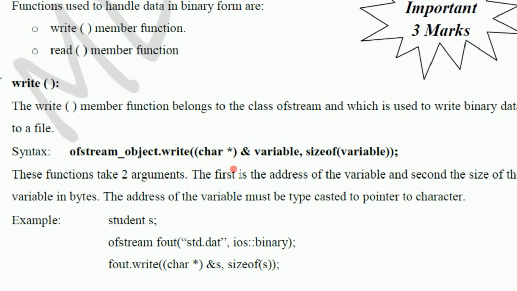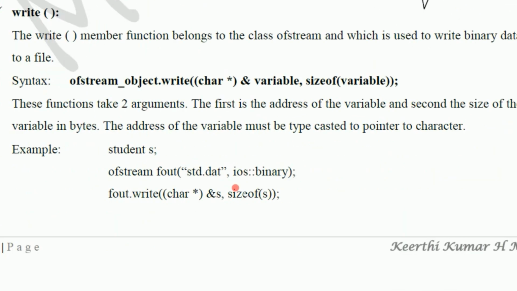We are not changing this char* because when C++ writes information into the file, it will be in the form of characters. Then &variable, that is the address of the variable, and sizeof(variable). That means this is a starting point. From this starting point, how many characters it has to write: that is &variable, sizeof(variable).